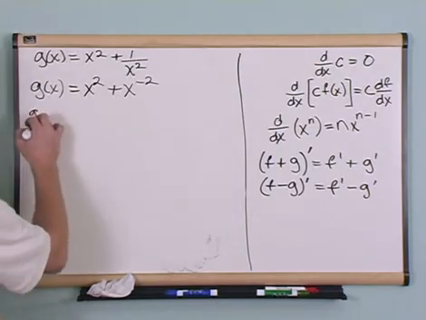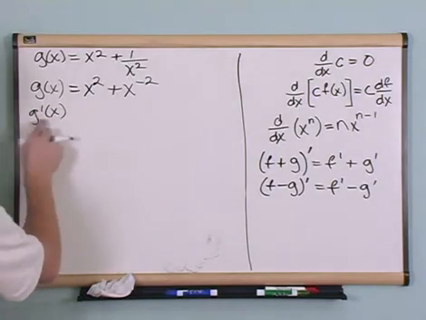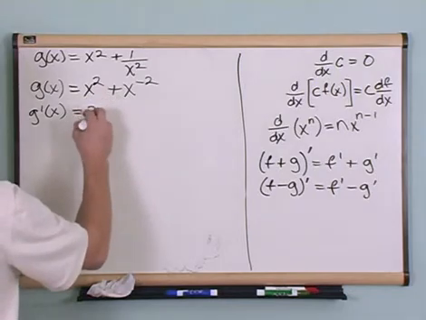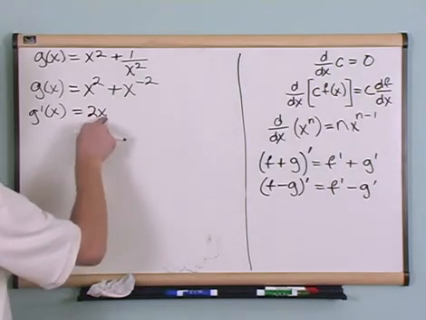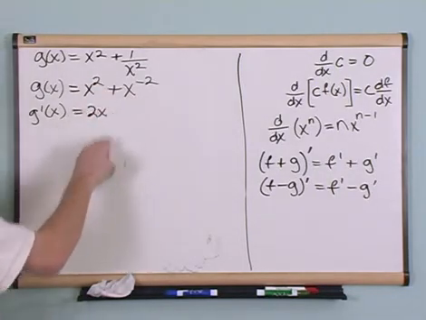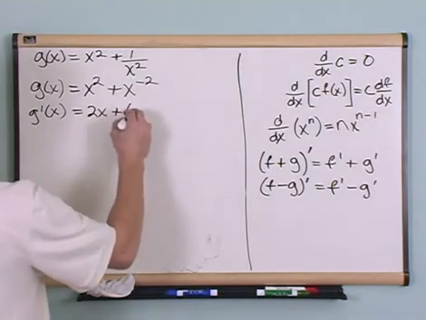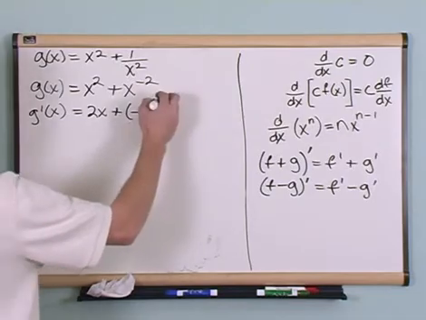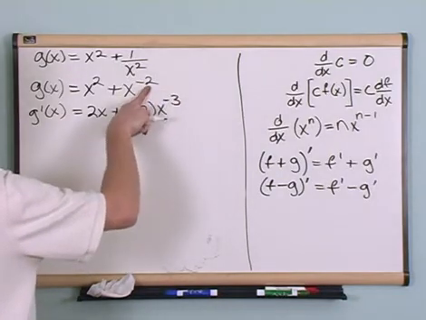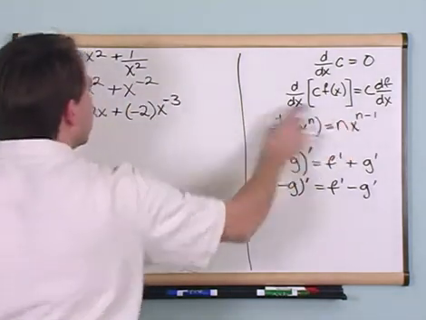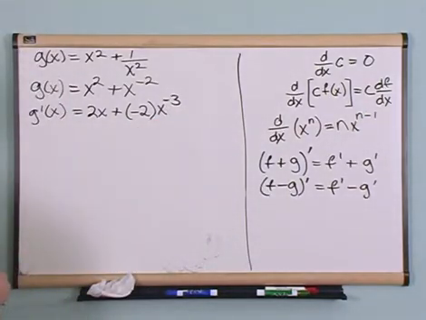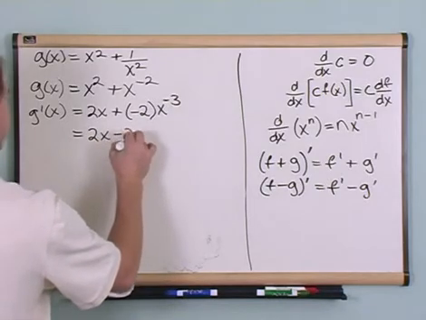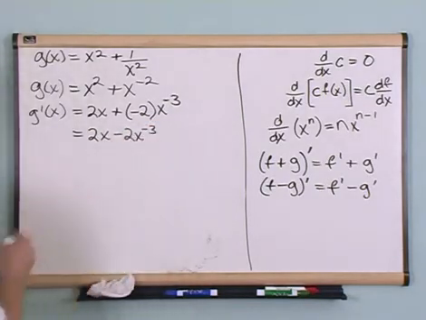So in order to find the derivative of g of x, what you would have is, for here, 2x, 2 comes down, x raised to the 2 minus 1 power gives me this, plus minus 2 comes out of the exponent times x to the minus 3. This minus 2 minus 1 gives me minus 3. So in the end, I'll have 2x minus 2x to the negative 3. And that will be my derivative.